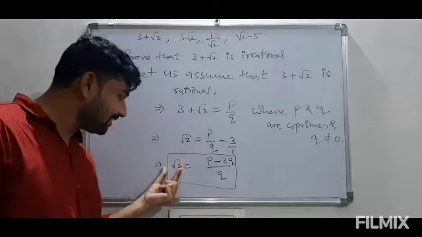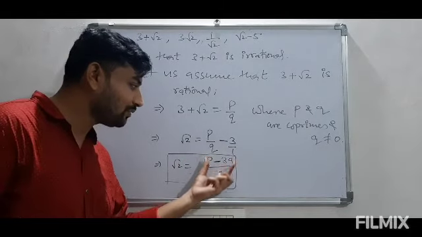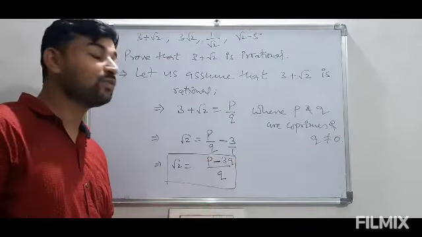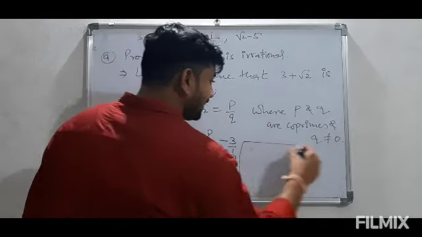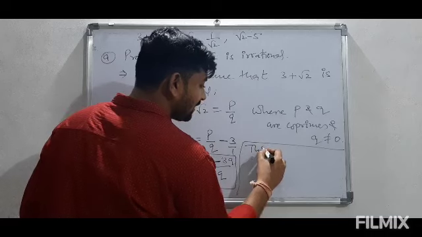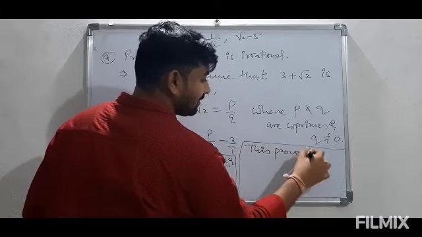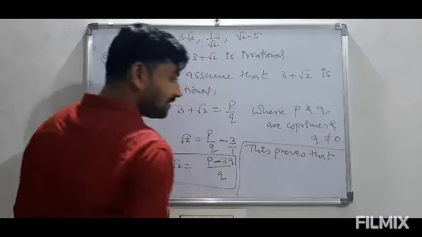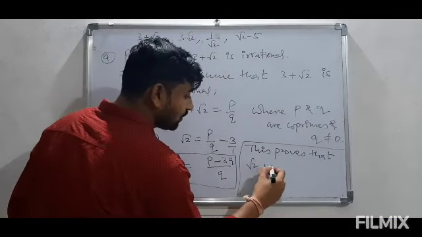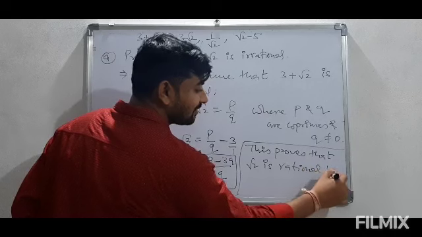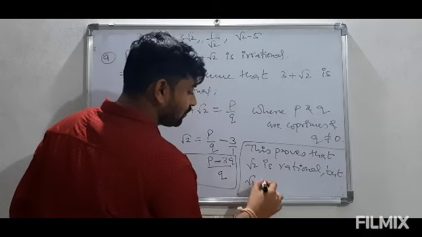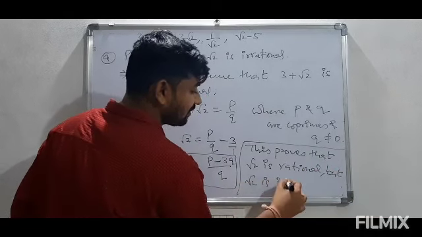It is an irrational number which cannot be written in the form of P upon Q, which we are doing in this case. It means what we are getting here, this proves that root 2 is rational, but root 2 is irrational, as we have proved.